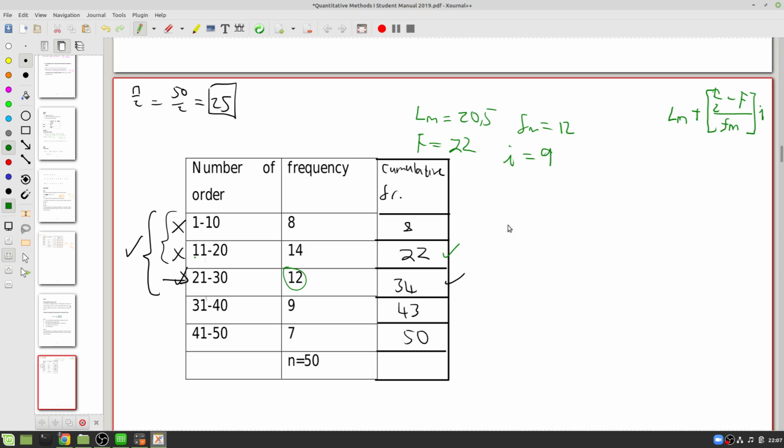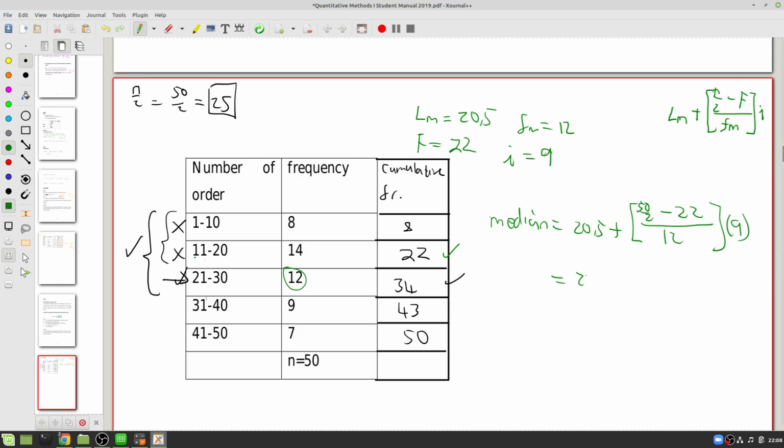Now we can just plug this into the formula. So our median, my apologies, we're at the median. The median equals LM, that's 20.5, plus n over 2, where n is 50, so 50 over 2, minus F, 22, the cumulative frequency before the median class, over FM, the frequency of the median class, which is 12, and then we multiply that by the width of the class, 9.